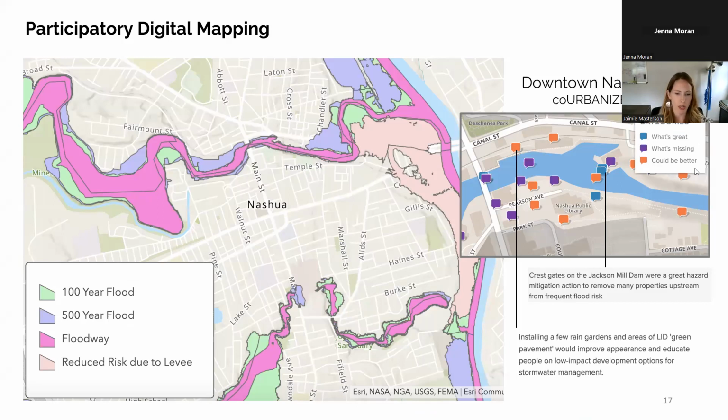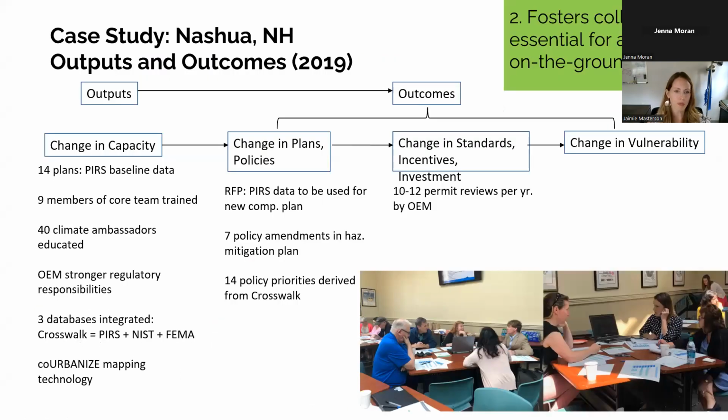So they not only trained their 9 city staff on how to do the scorecard, and then engaged a broader group of 40 climate ambassadors, but then they actually took this out to the public, and they just really wanted to know what's great, what's missing, and what could be better in their community. And through those conversations, a lot of hazards were brought up, and they could see that, okay, this is an opportunity for us to add continued justification for the need to mitigate hazards in certain areas.